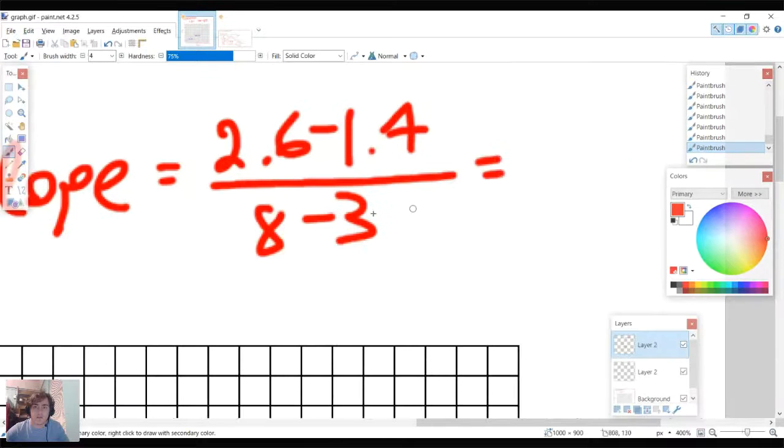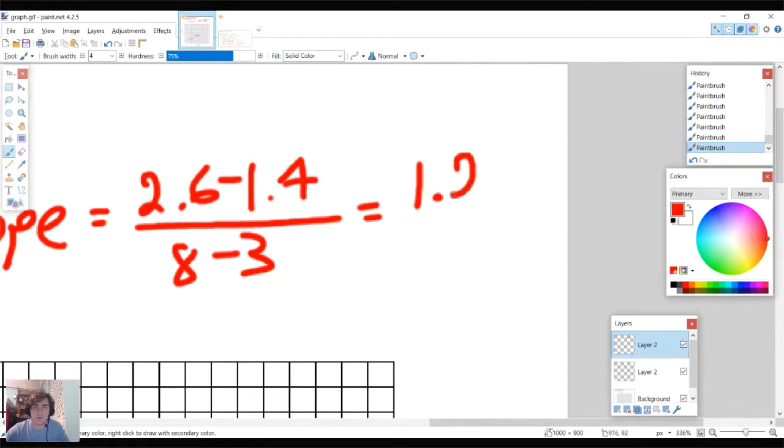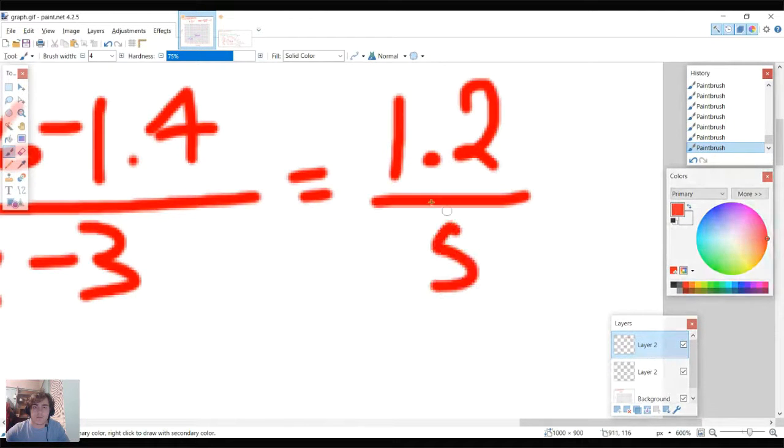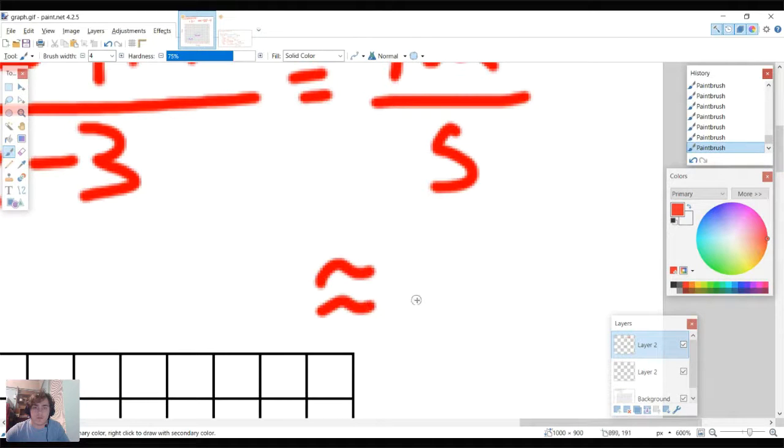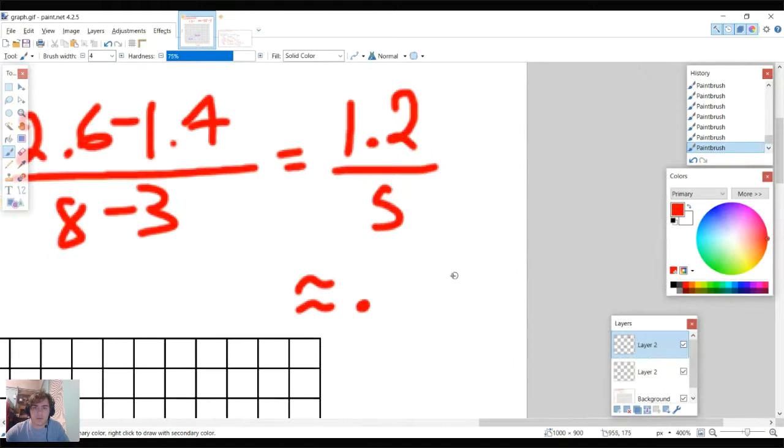And this is equal to 1.2 divided by 5, which is approximately 0.24.